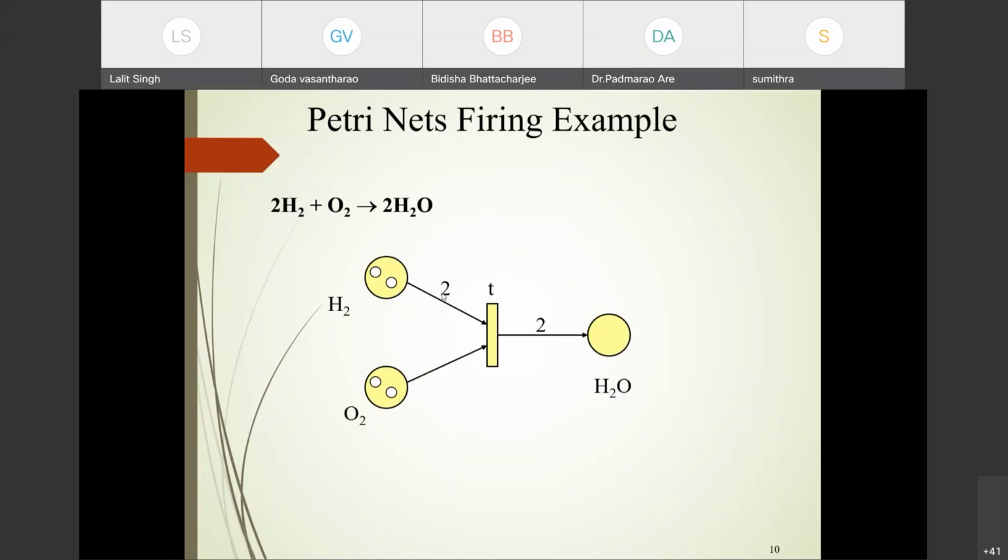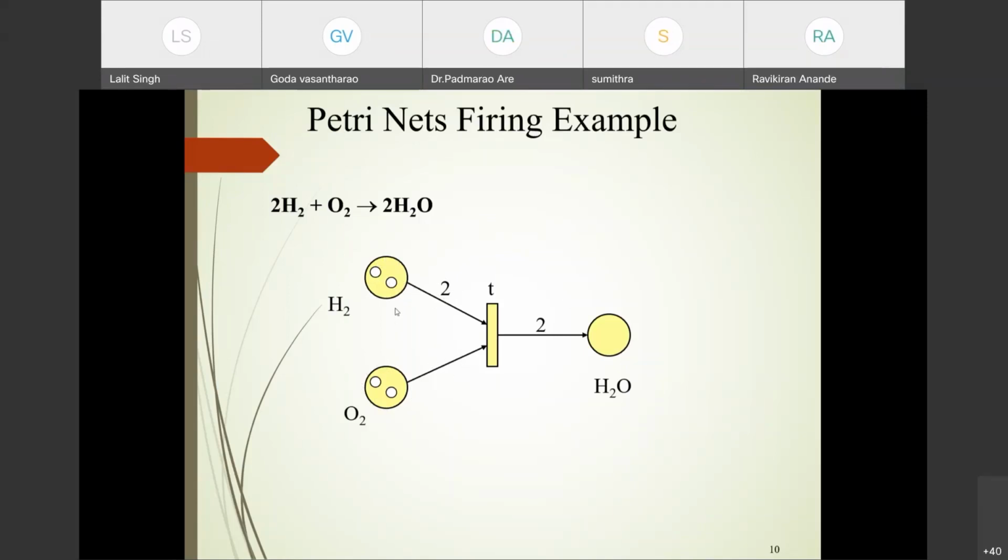For example, in this figure, the weight of the arc which is connecting hydrogen place and transition T is 2. So hydrogen place must contain at least 2 tokens. And oxygen place must contain at least 1 token because the weight of the arc which is connecting oxygen place and transition T is 1.